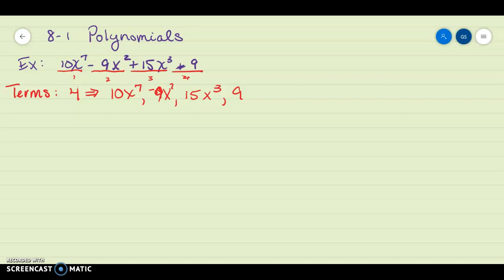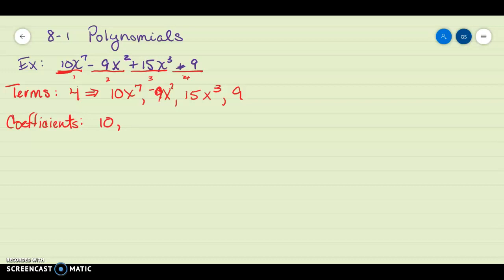The next thing we want to talk about is something called the coefficients. The coefficients are just the big numbers in each term. If you look at the original polynomial, we have a 10 before the x to the 7th, so our first coefficient is 10.